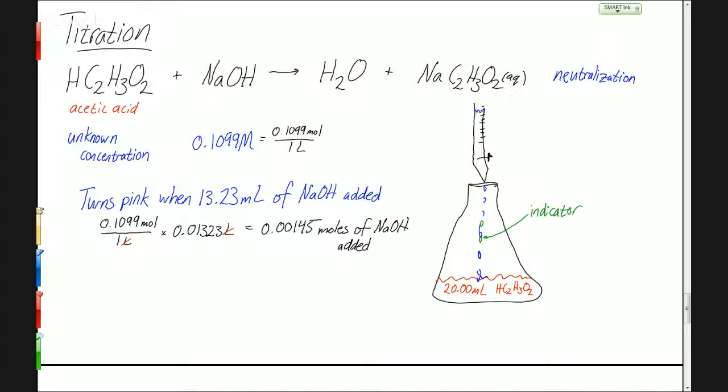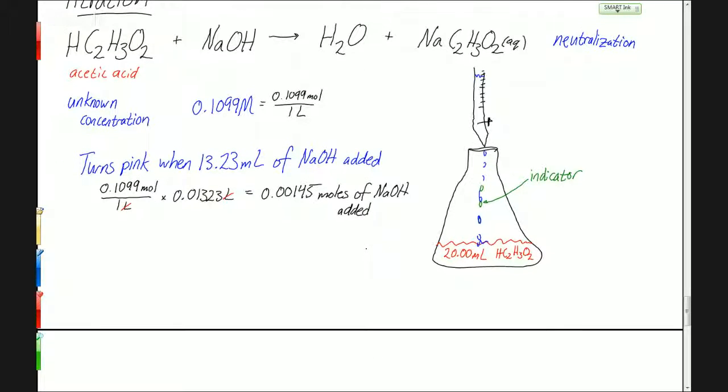If we look back at that equation, sodium hydroxide and acetic acid react in a 1-to-1 ratio. So exactly at that point, that means that there were also 0.00145 moles of acetic acid in the bottom of that flask, because there has to be 1 NaOH for every 1 acetic acid. So if we added exactly that many moles of NaOH, we must have had exactly that many moles of acetic acid to start with.